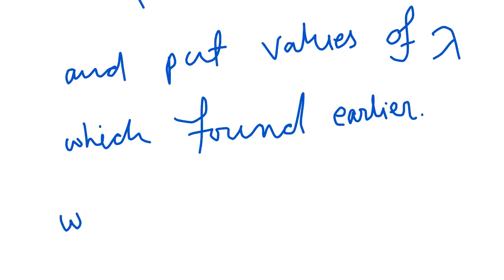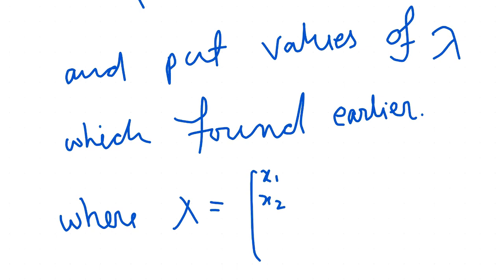Here x has components x1, x2, up to xn, and any number of components is possible. x is an eigenvector.